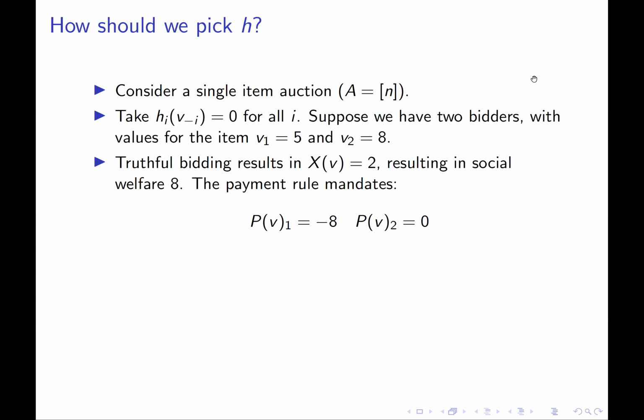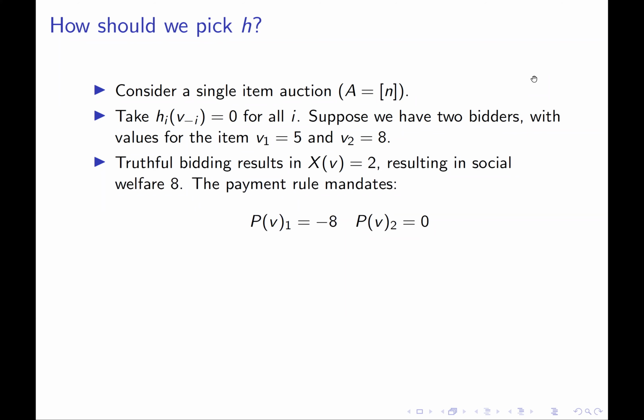Well, the mechanism is dominant strategy truthful, and so people will bid truthfully, and so the mechanism will give the toilet paper to the person who has the highest valuation. It's the second bidder. He's got valuation 8. And the resulting social welfare is 8, right? Because the social welfare is just the sum of everyone's valuations for the chosen alternative, and bidder 1 has valuation 0 for the chosen alternative because he didn't get the toilet paper.